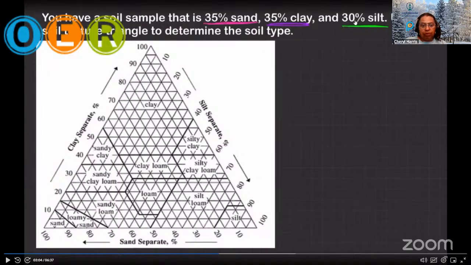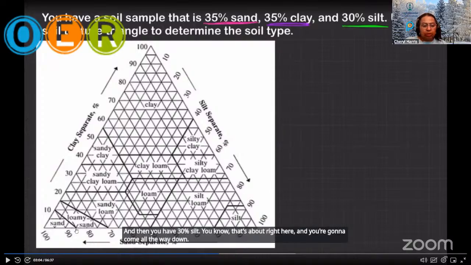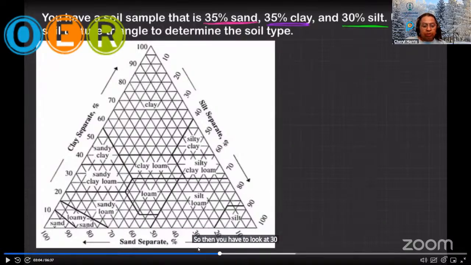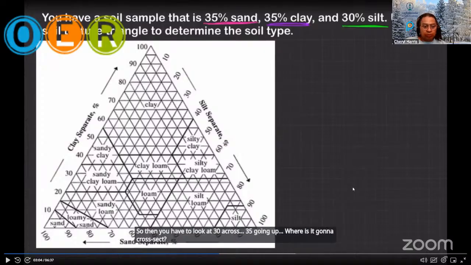And then you have 30% silt, and that's about right here, and you're going to come all the way down. So then you have to look at 30 across, 35 going up. Where is it going to cross-sect? What type of soil would that be?